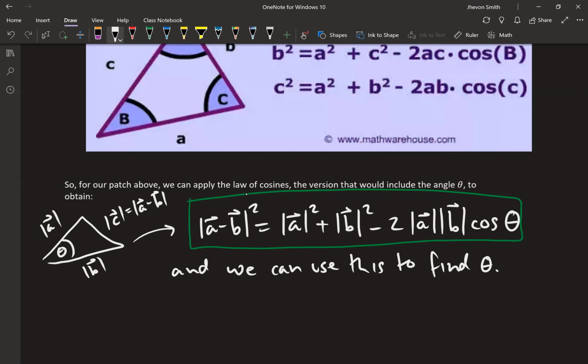So finding the angle theta is important for being able to find the area of our patch, but finding the angle in the first place, we can use the law of cosines.